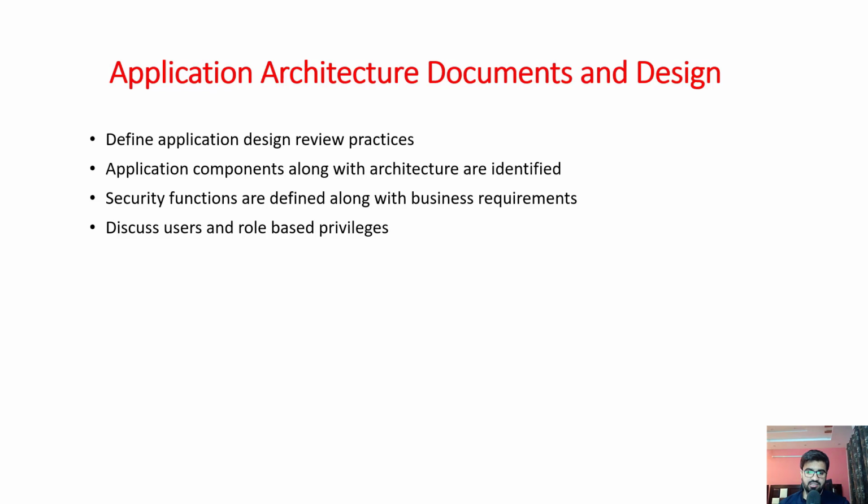A high level architecture for the application, with the workflow diagram of the application, should be produced. It should be verified that the application components are defined in terms of business functions and also the security functions they provide. Last but not least, security features should be addressed in the documents, which will help the developers and the security teams to investigate what security controls are initially implemented in the product.